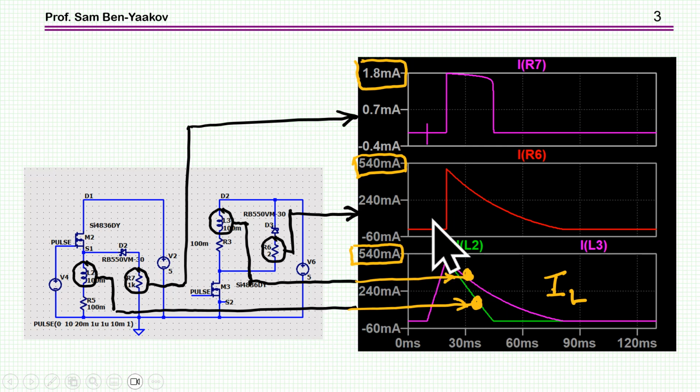Okay, but that's not all the differences. If we look at the current of the diode or the resistor, in the conventional case, we see that the current goes to the current of the inductor. In this case, about 500 milliamp. Same thing here because it's the same current here. And then it drops exponentially, exactly like the inductor because it's the same current, okay?